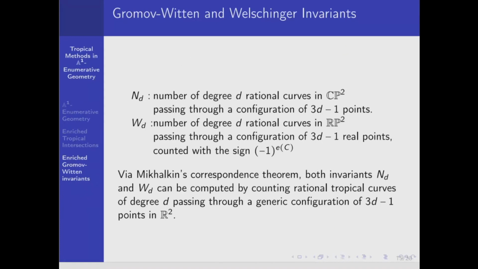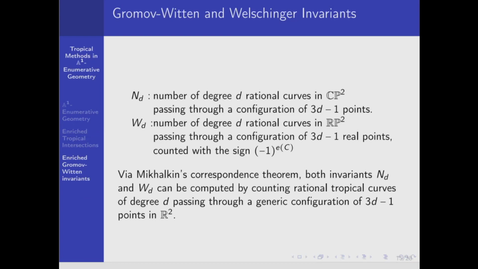Gromov-Witten invariants come from physics, and they are more general than this, but for P2 at least, the most classical one is just the number of curves that pass through points. In the complex case, we fix a degree d, and we count the number of degree d rational curves. All of this story is for genus 0. In the complex case it works for arbitrary genus, but in our case, it only works for rational curves.